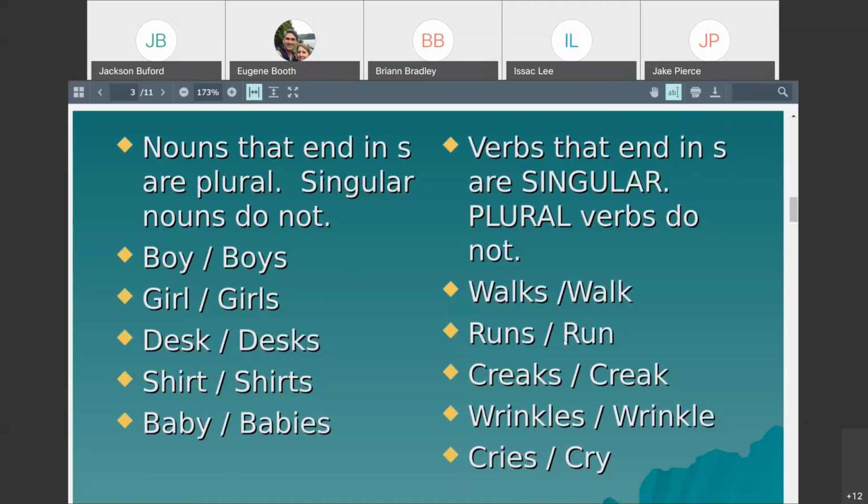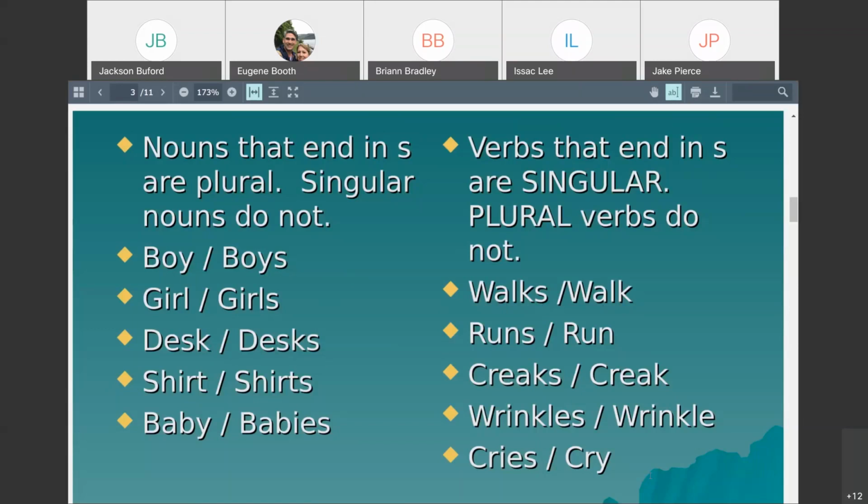Girls run. Desk creaks. Desks creak. Shirt wrinkles. Shirts wrinkle. So forth and so on. We could do that all day long, right? Verbs are the exact opposite of nouns. Singular verbs end in S.